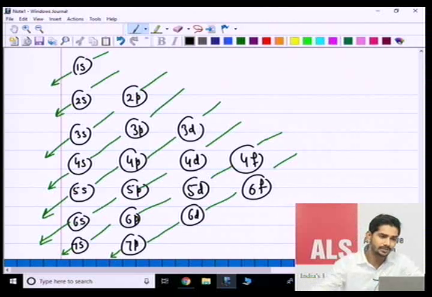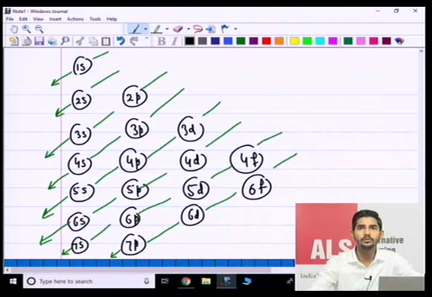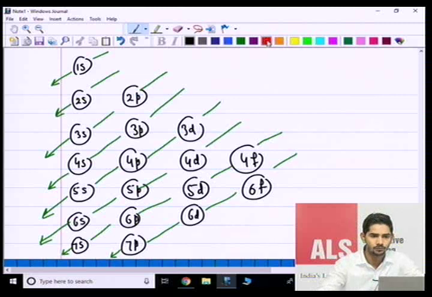Okay, guys, so let's start. First of all, you have to remember a few atomic orbitals. We have 1s. See how we can write this. 1s, and then we will have 2s.